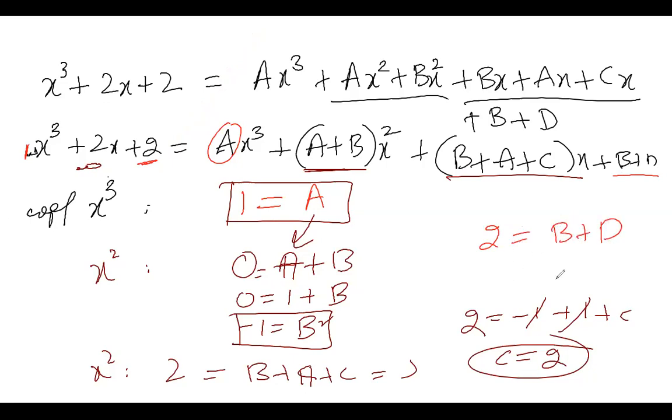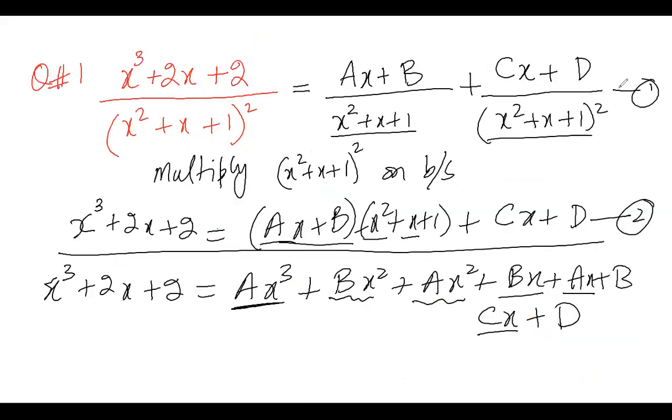Now the value of b is minus 1, so 2 is equal to minus 1 plus d. And when this comes on this side, 3 is equal to d. We have the value of a, b, c, and d.